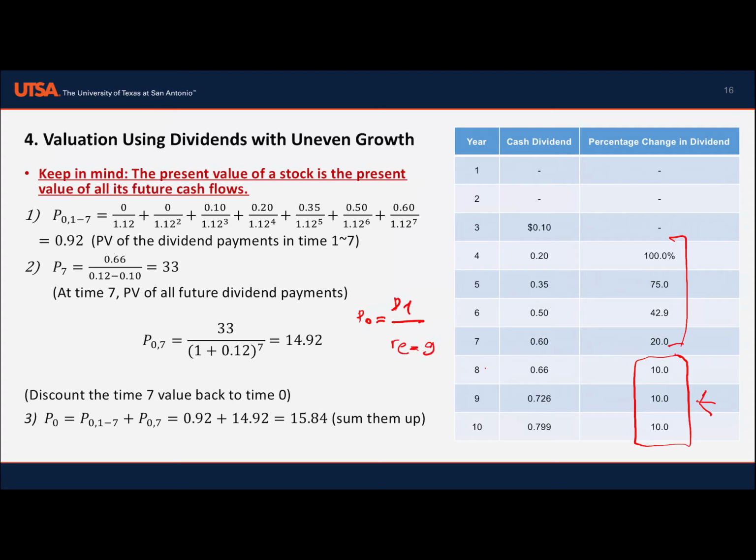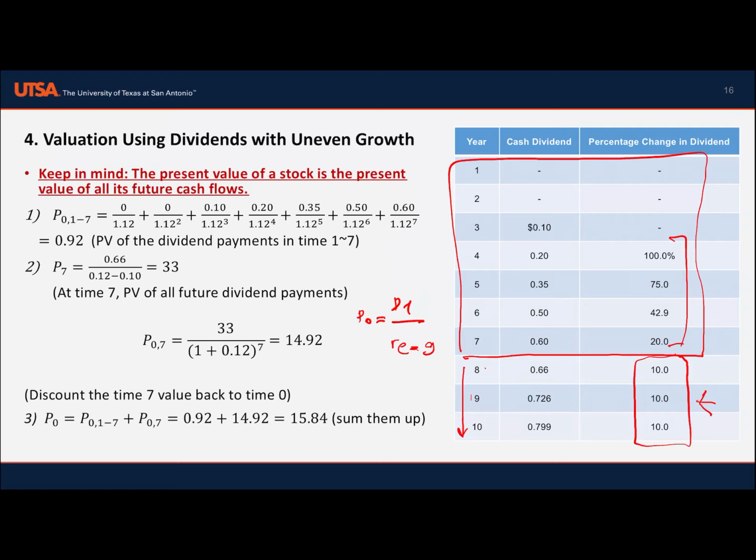This is for constant growth rate. We can only use this formula for after 8 years. So we need to manually calculate the early years, and after the 7th year, we calculate the price by looking at constant growth rates and then add the values into a single number.